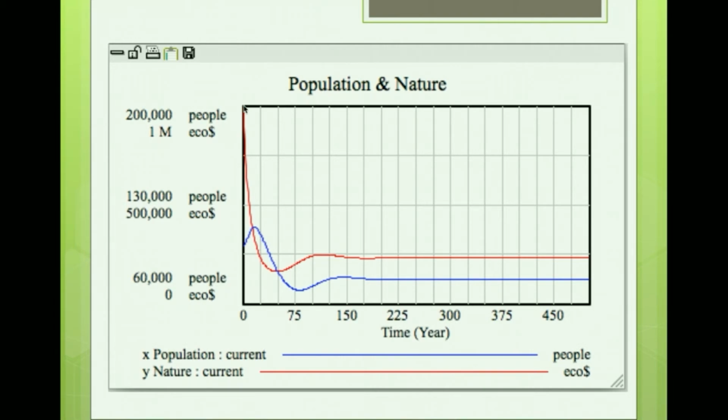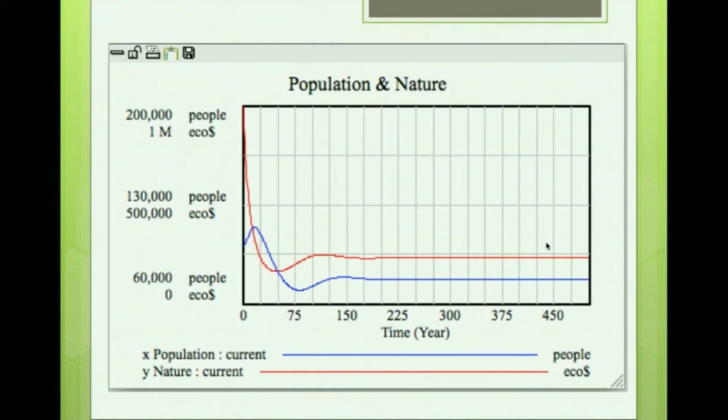In this case, the simulation started high on nature, and then as population was growing, nature came down. Population reached the maximum, and then population starts crashing. So does nature, but eventually both of them bounce back and stabilize. This was run for 500 years with these parameters.